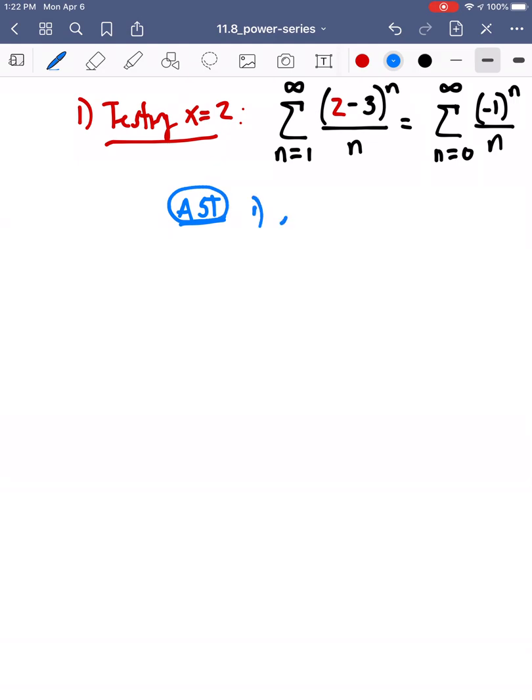If we apply the alternating series test, we take the limit of all the positive terms in that series, not including the (-1)^n. So that's just 1 over n in this case, and that limit as n goes to infinity is 0. The next thing we get to do is just show that the terms are decreasing for the alternating series test.